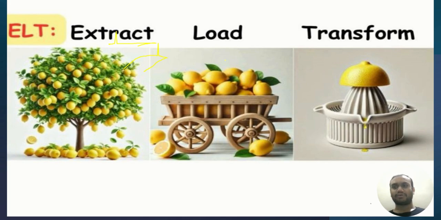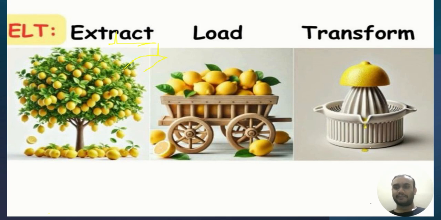Basically, they are transforming raw lemons into lemon juice. That's the ELT. You are doing extraction first, taking the lemons, then loading them into some trolley, and then you are selling them, and people are doing the transformation. Transformation means taking out the juice from there.